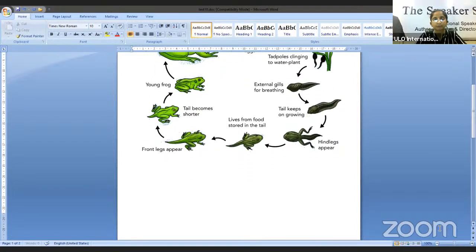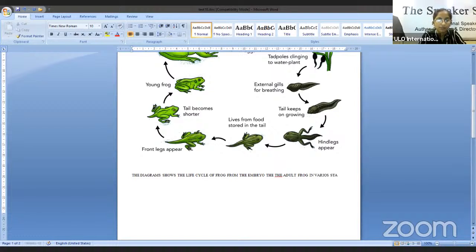We are going to write: the diagram shows the life cycle of a frog from the embryo to the adult frog in various stages.